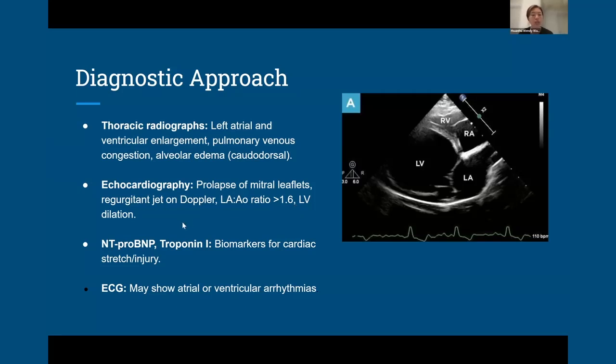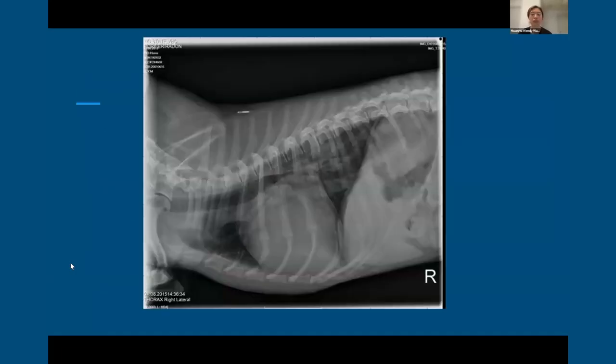And we can also use blood work, including proBNP or troponin I, to look at cardiac stretch and injury as biomarkers. An ECG may also show a little bit of arrhythmia, but that's not going to be as specific and as accurate as echo.